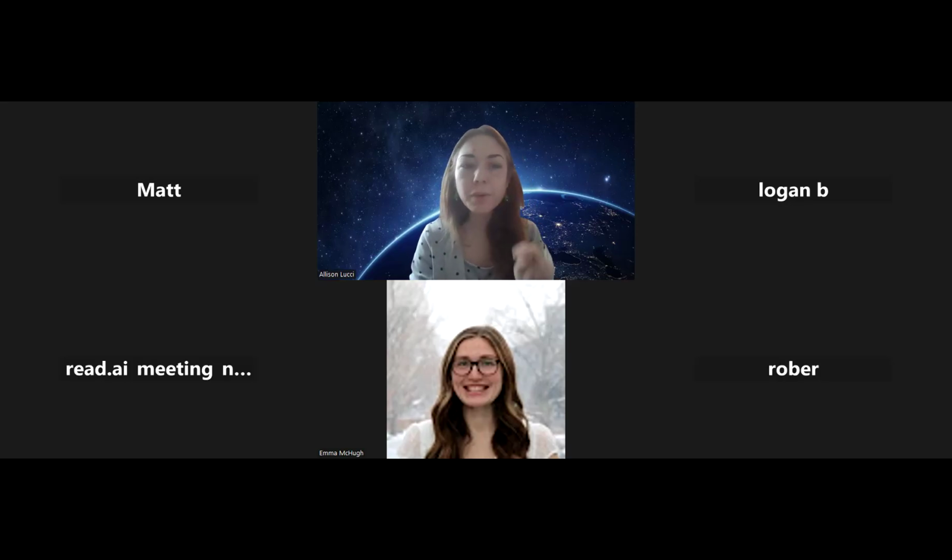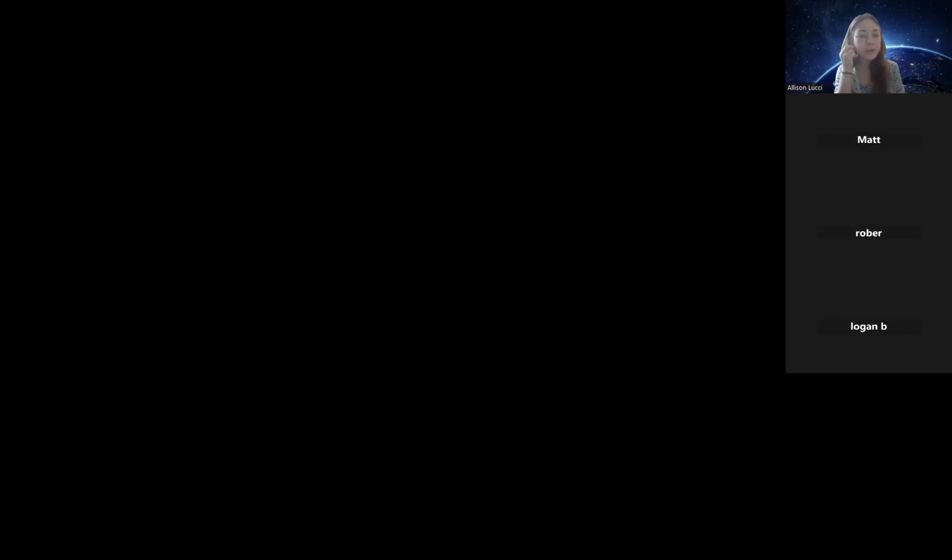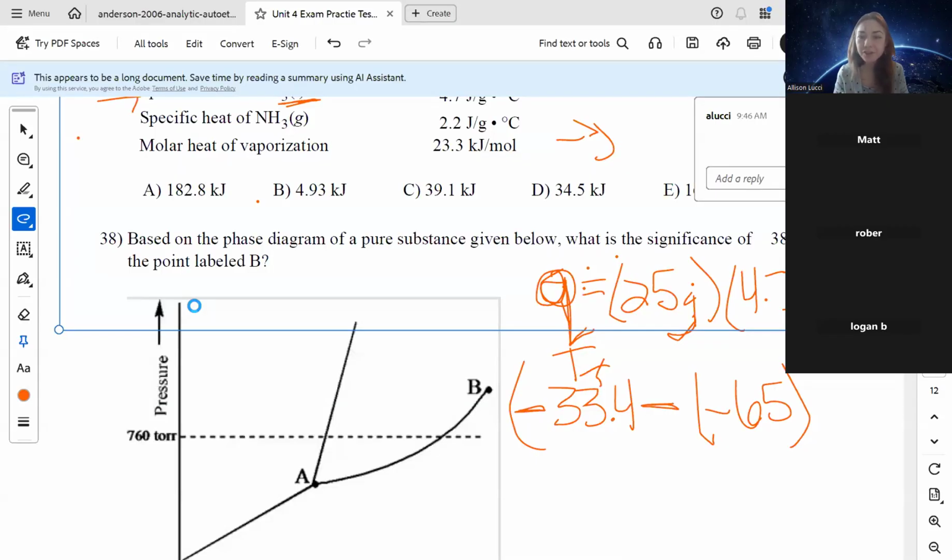We saw two different equations in these phase change calculations: the one where we have a temperature change, and this second equation, for when we don't have a temperature change and we're changing the phase. We just use delta H times moles.